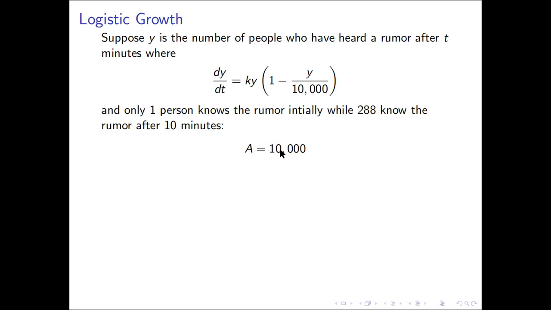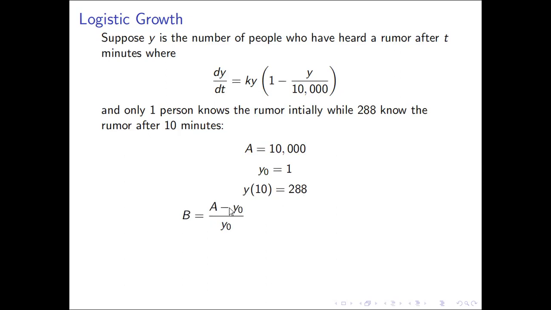That's the carrying capacity. Now, y naught is set to 1 since only one person knows the rumor initially, that is at time equals 0, meaning when t is 0, y is 1. Then after 10 minutes, 288 know the rumor, so we set y at 10 equals 288.